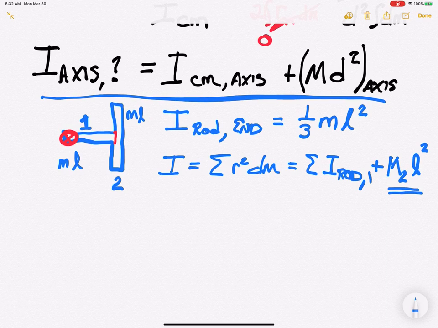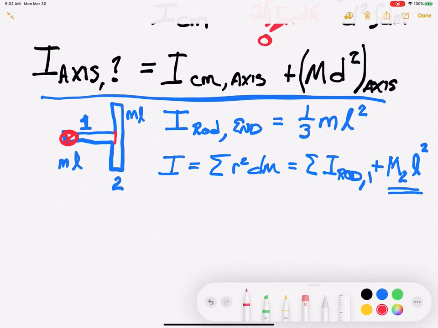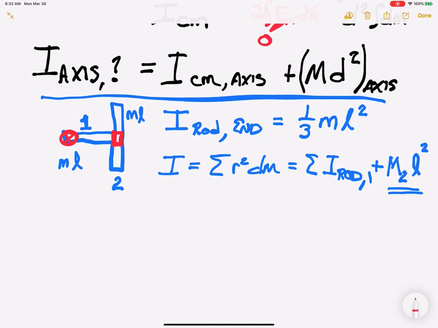Now, sometimes we have to use the parallel axis if we don't have a good representation for the shape. But in our condition, we do, because rod 2 is really nothing more than a mass at the end of rod 1.